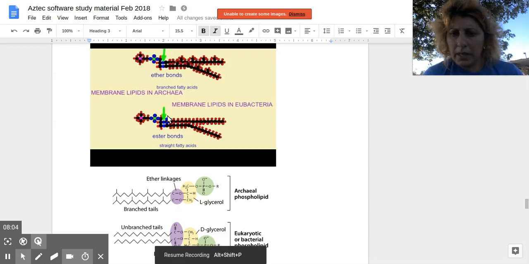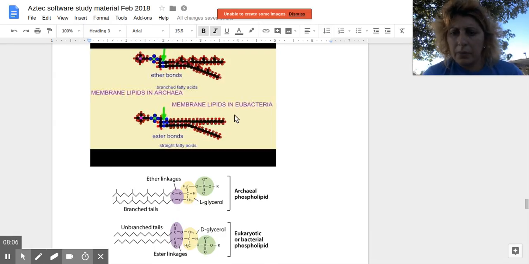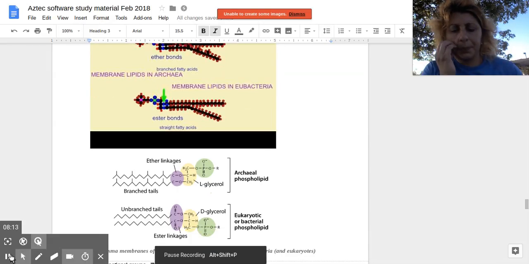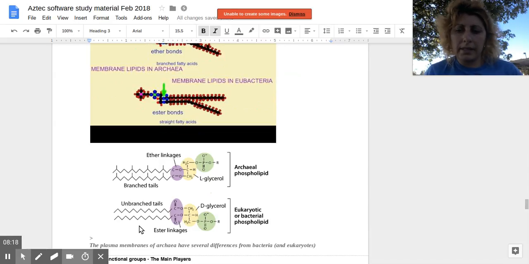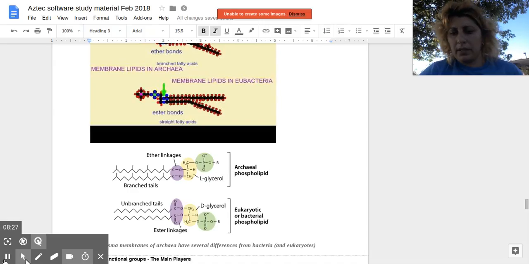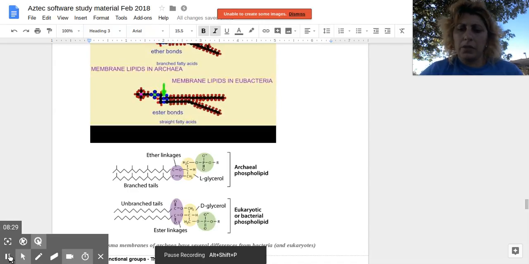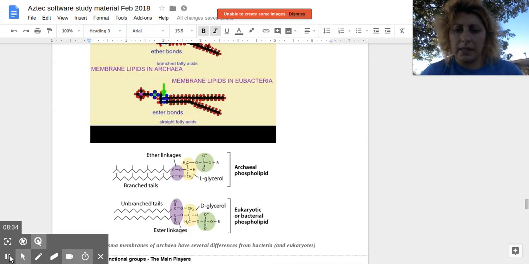So you have straight fatty acids with ester linkages and branched fatty acids with ether linkages. This difference makes the difference between the plasma membranes of archaea with ether linkages versus bacteria or eukaryotes with ester linkages and straighter unbranched tails.